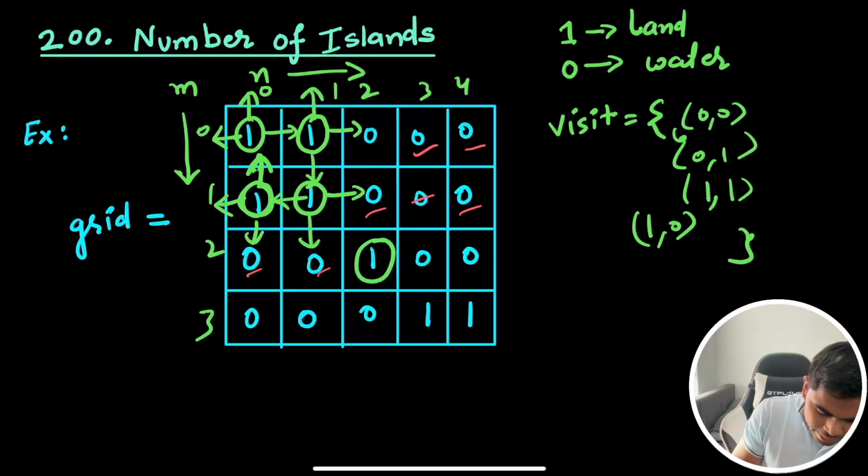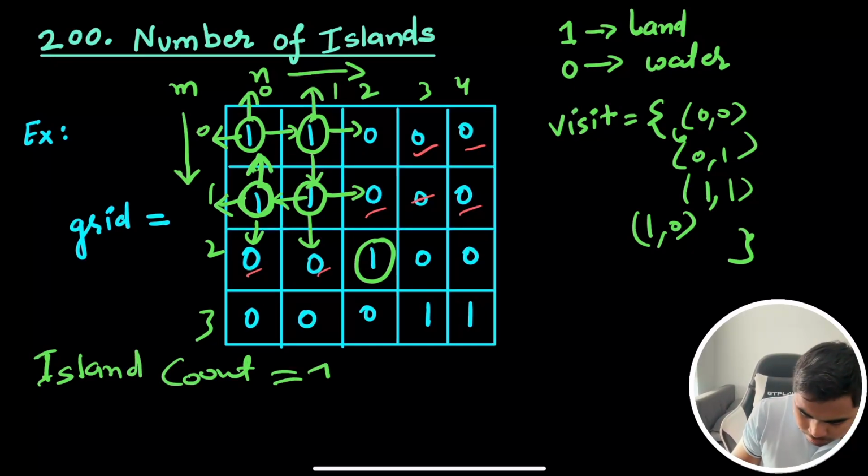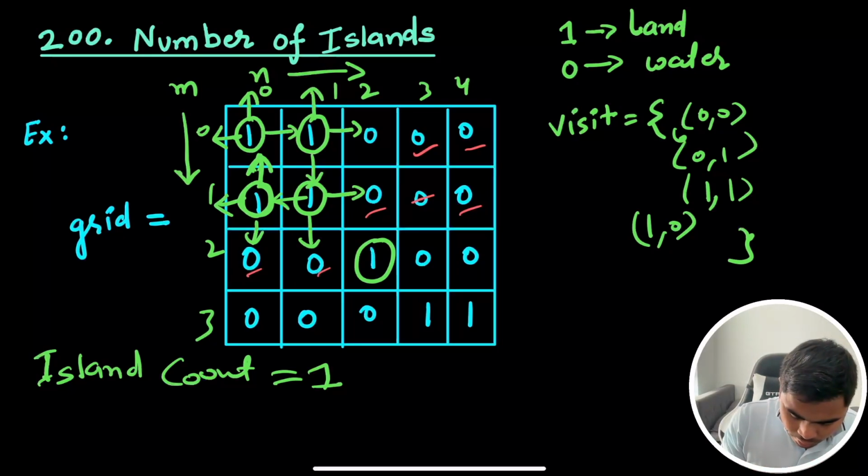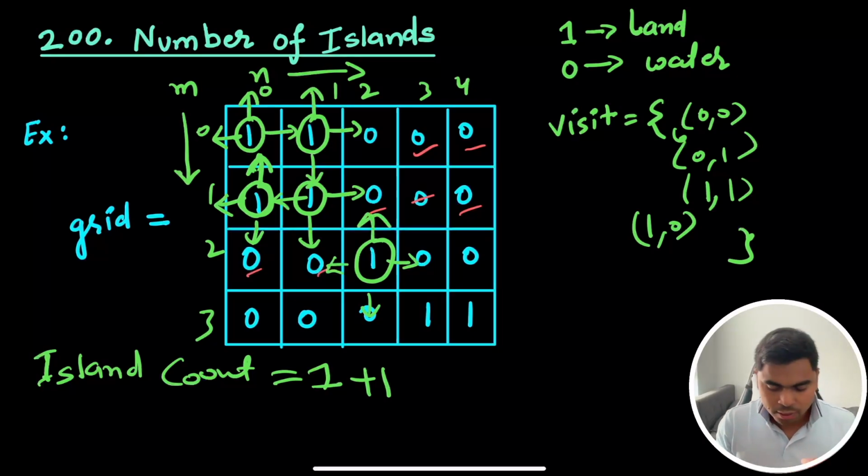Right now, remember, my island count is 1, because I came across that one and then I have already visited all its surrounding land. Now I see another one, so I'm going to increment my island count. I try to explore all around it, but there is no neighboring land to this one.